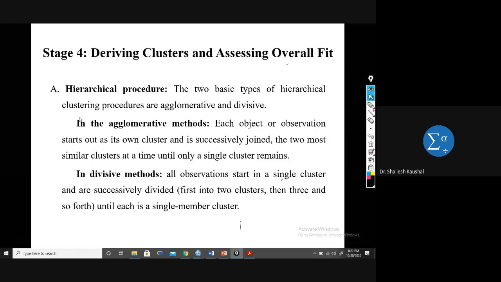Now, in hierarchical clustering, there are two basic types of procedure: one is agglomerative and the second is divisive. Through a graph, I will explain the meaning of agglomerative and divisive. Basically, in the agglomerative method, each object or observation starts out as its own cluster and is successively joined with the two most similar clusters.